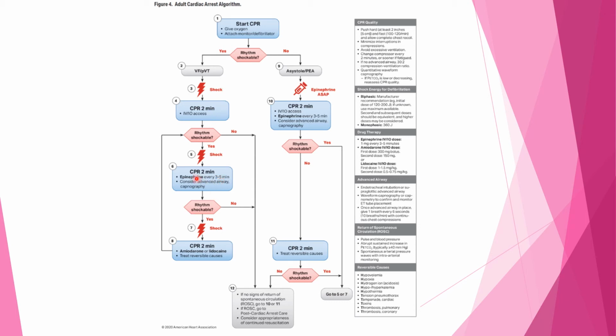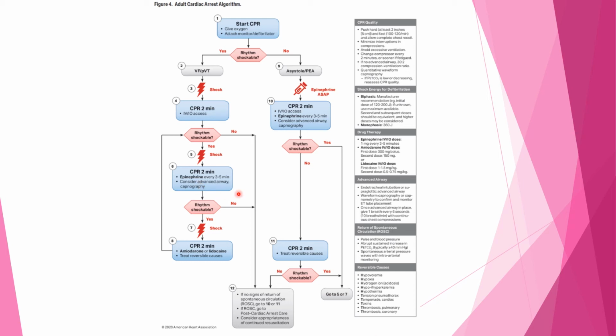So if in this cycle I gave adrenaline, next cycle I will not give adrenaline. It will be alternate cycles. One cycle we give adrenaline, next cycle we do not give. Then again we give adrenaline, because we repeat it every 3 to 5 minutes.